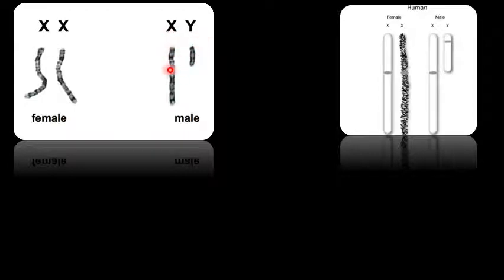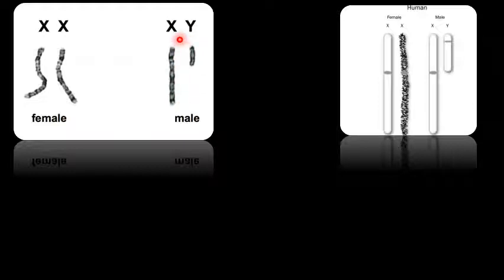For example, males are called hemizygous because you don't see the same type of gene completely in both sex chromosomes that have been inherited by the progeny from their parents.